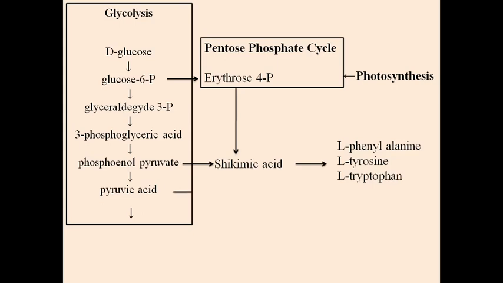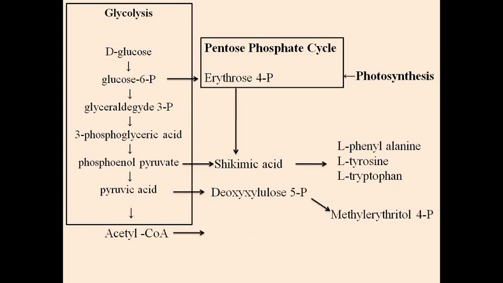Next, pyruvic acid can give rise to deoxyxylulose 5-phosphate, we can call it DXP, and DXP can be converted to MEP, methyl erythritol phosphate. And next you can see acetyl coenzyme A, it can be converted into mevalonic acid, and MEP and mevalonic acid, these both can form isoprenoids.